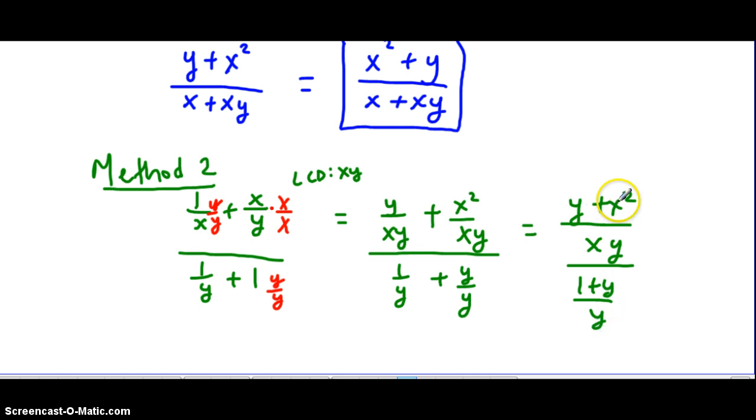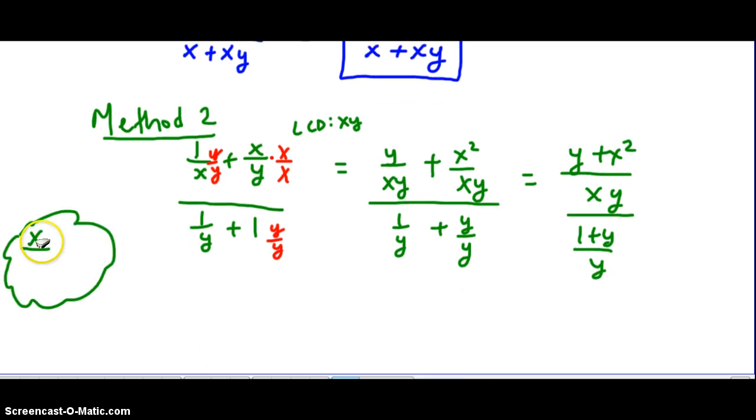And now we have a fraction being divided by another fraction. So remember from class, if we had a fraction like 1 over x being divided by x squared, remember when you have fractions, you can rewrite this divide.